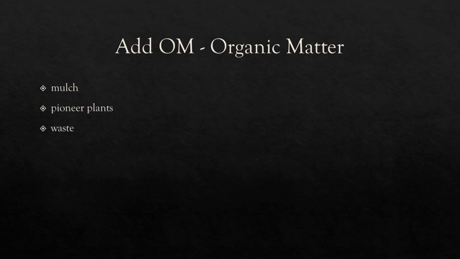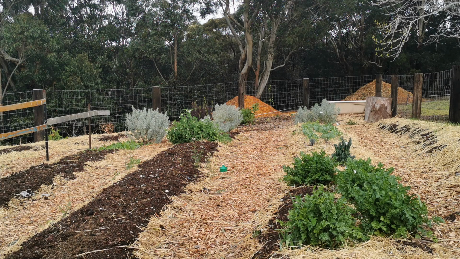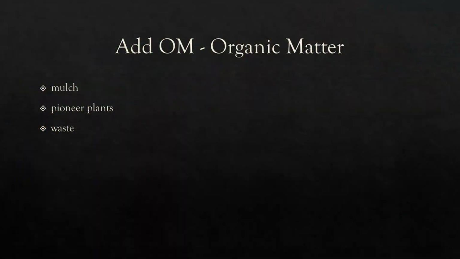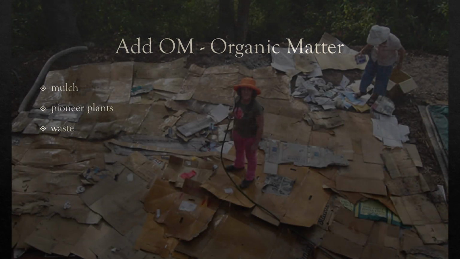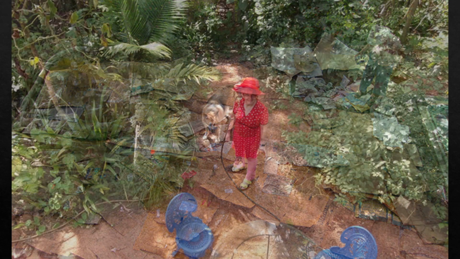Adding organic matter creates the compost, and that creates the nutrients anyway. We can add organic matter by mulching the area with prunings or using pioneer plants and then harvesting off them. But the easiest way to add organic matter is to use waste. Any biodegradable waste can be applied to the soil, even if it's just added to the top.